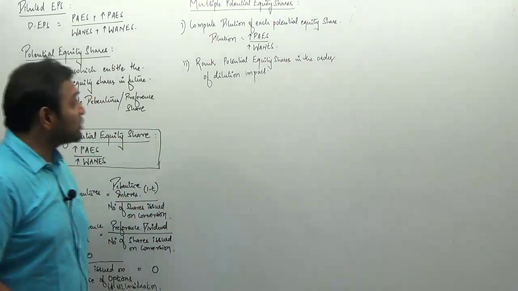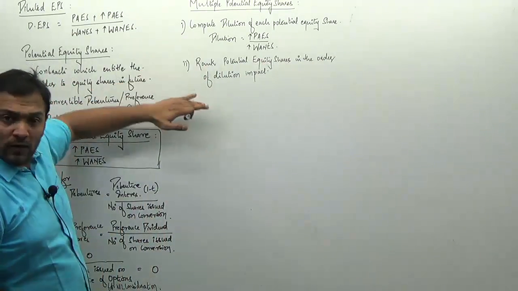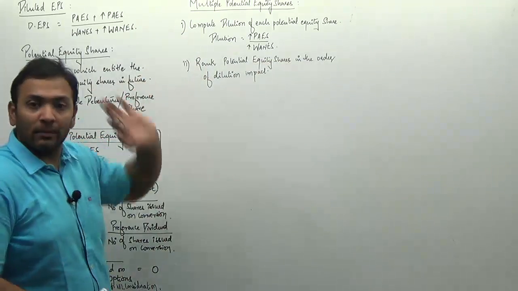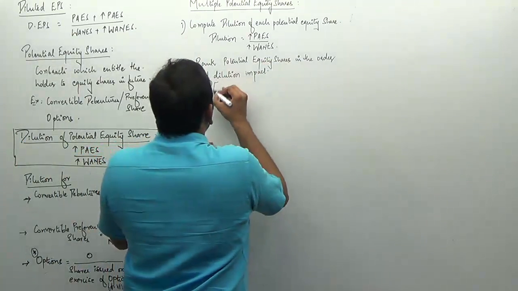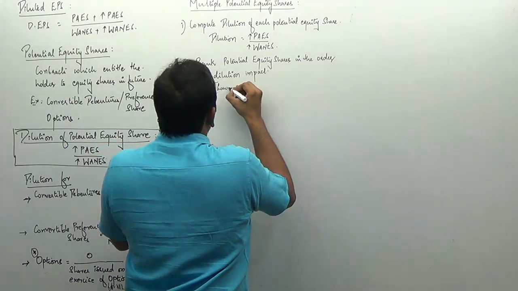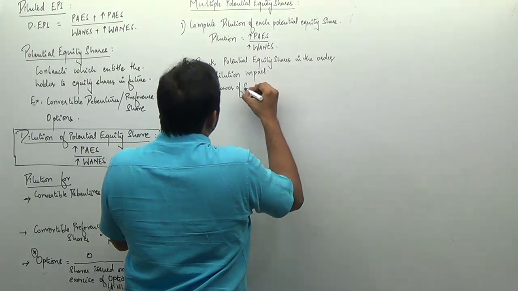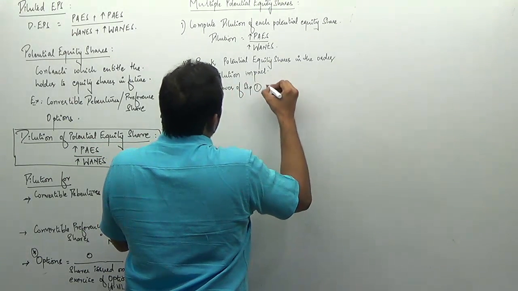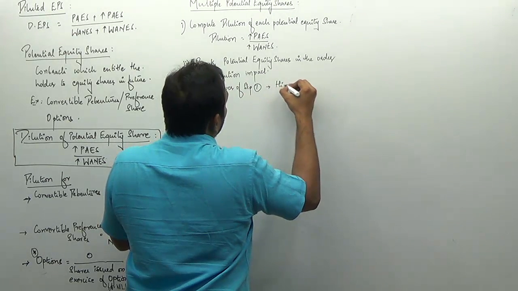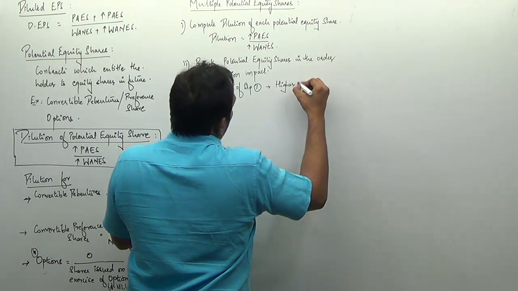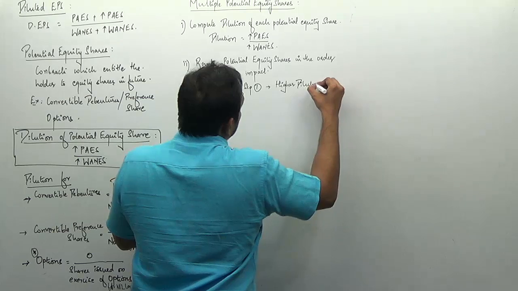How do I give the dilution impact? Lower your dilution, higher is your impact on dilution. Lower of step 1, higher is your dilution on EPS.